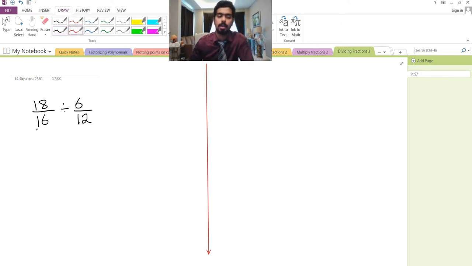All right, so we got 18 over 16 divided by 6 over 12. Step number 1, we change division into multiplication. So we get 18 over 16 multiplied by, and then we swap the numerator and denominator, so we would have 12 over 6.